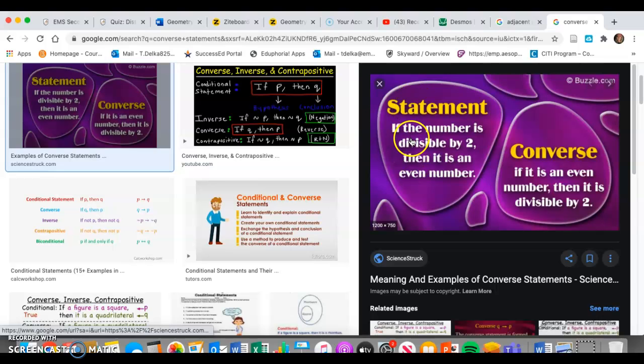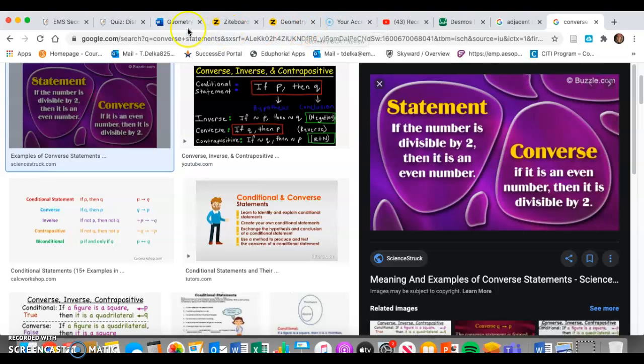So say a teacher says, if the number is divisible by 2, then it's an even number, which is a true statement. The converse of it is if it is an even number, then it is divisible by 2. They took the sentence and they flipped it. So converse means taking the one sentence apart in two pieces and switching them.